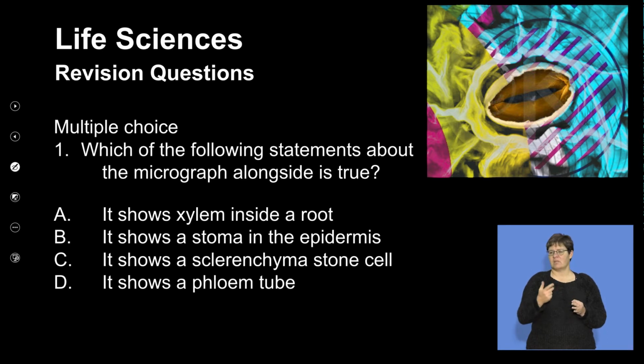Or is it phloem? So we have a look. How can we tell? This is oval, and it's got two things that look like lips. So obviously, the correct answer is B, it is a stoma.